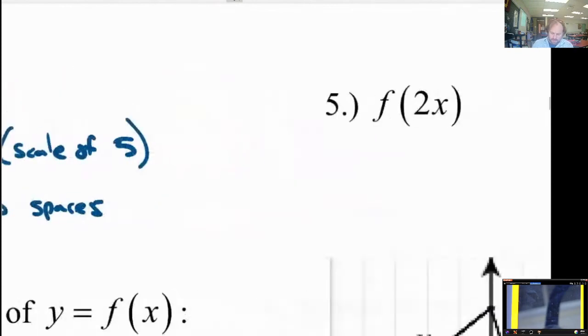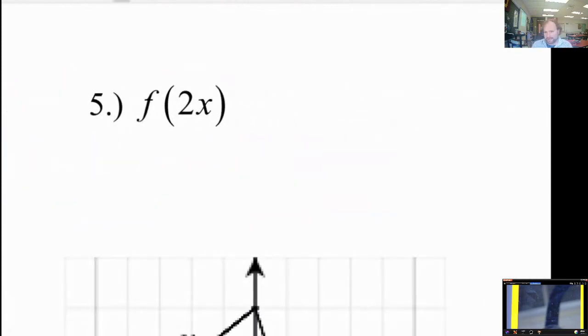That's the key. Question 5, f of 2x. Okay, this is going to do the opposite of the vertical stretch. This is going to cause a horizontal stretch because your inputs are all going to get doubled. So this is tricky to think about. If you think about a table of values, it actually makes a lot of sense. Instead of plugging in the first number, you're going to plug in the second number. Instead of plugging in the second number, you plug in the fourth number.